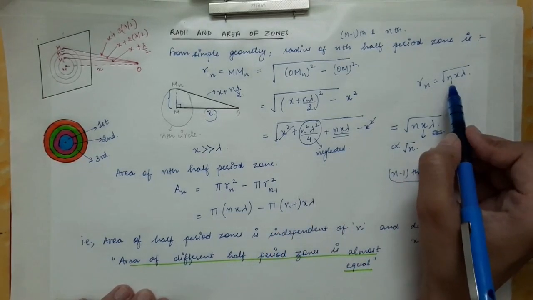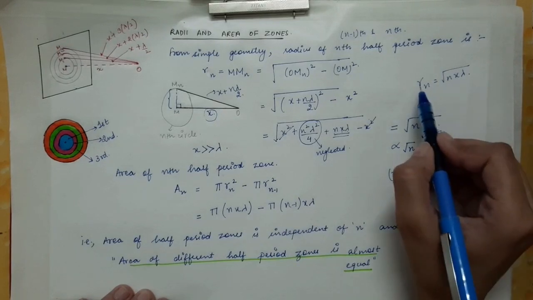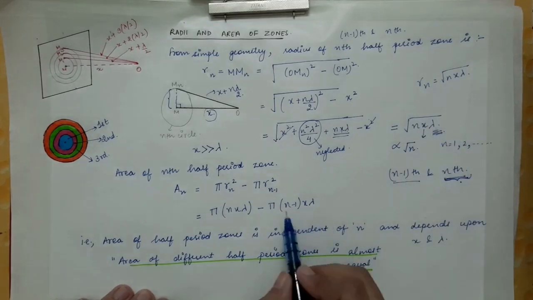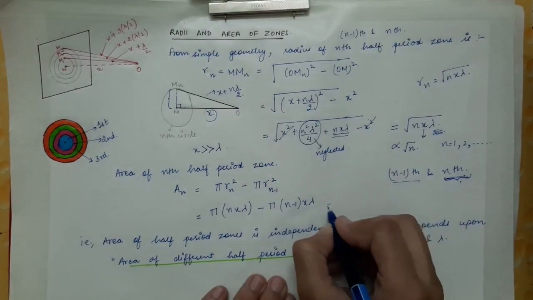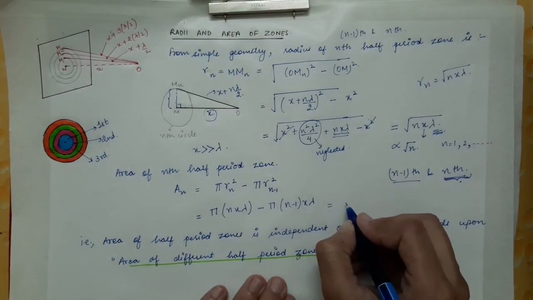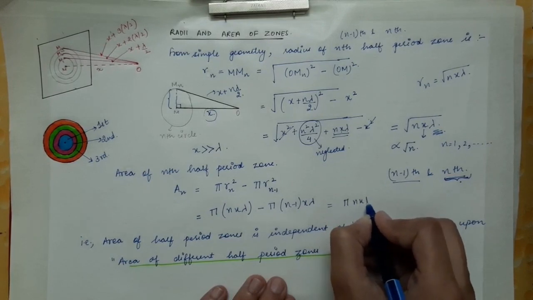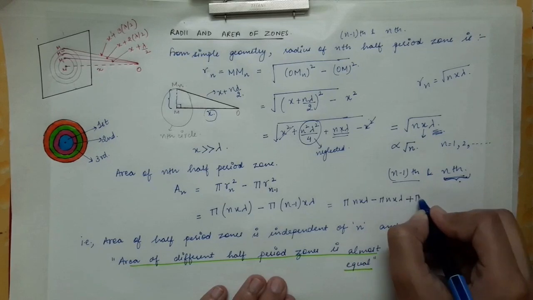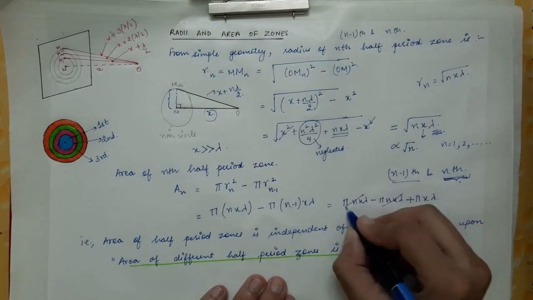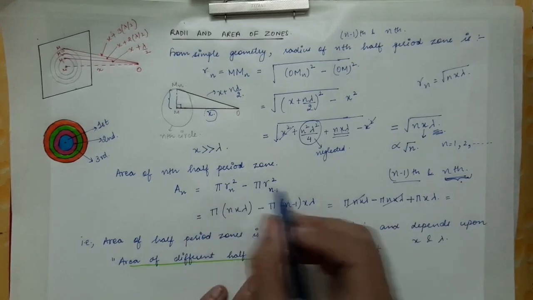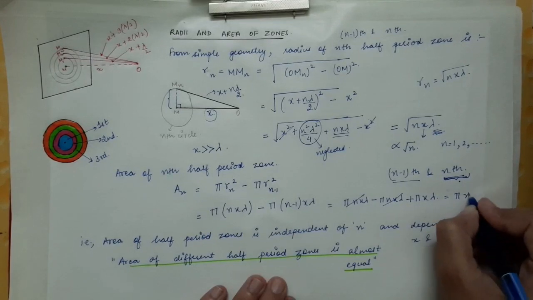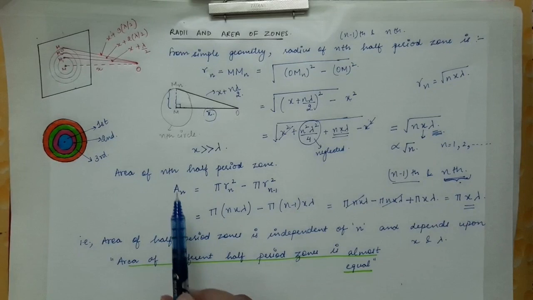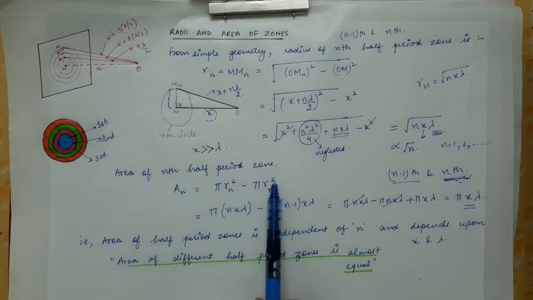In place of n we will have n minus 1, because we are finding the radius of the n minus 1 circle. So this will be equal to pi nx lambda minus pi nx lambda plus pi x lambda. So the area of the nth half period zone will be equal to pi times x lambda.